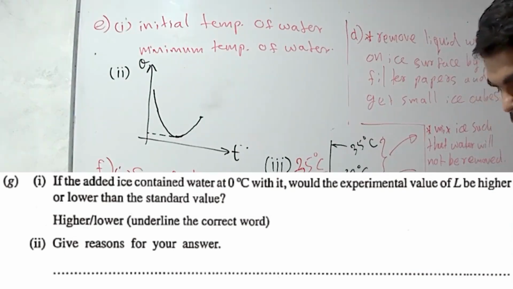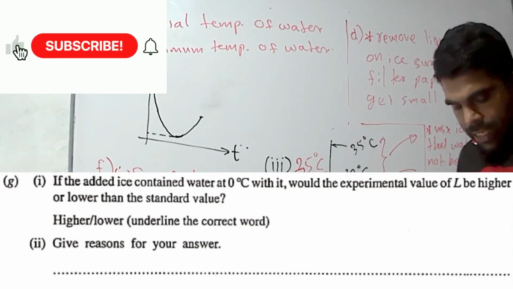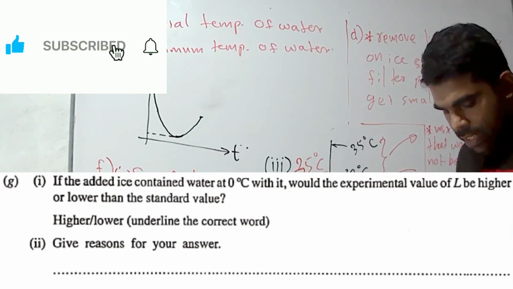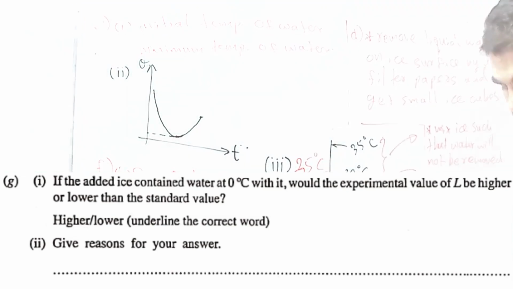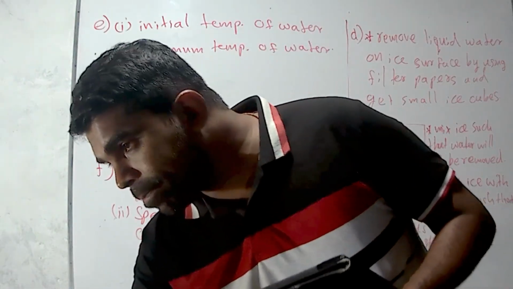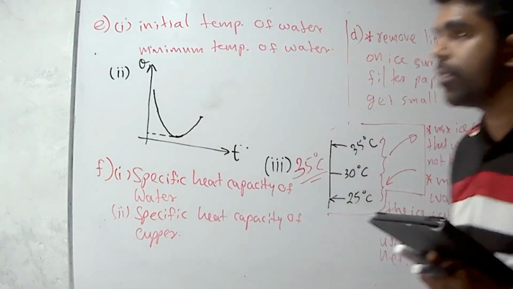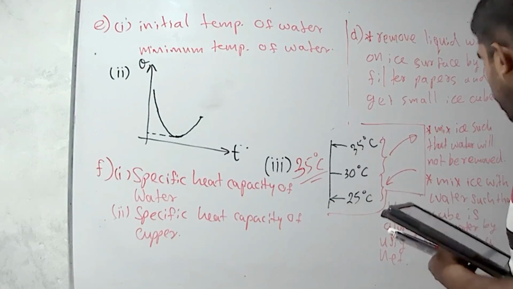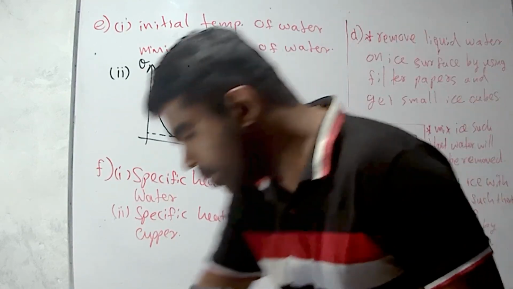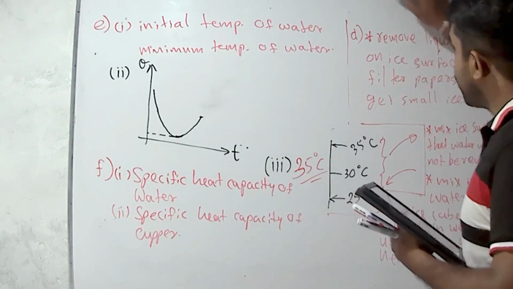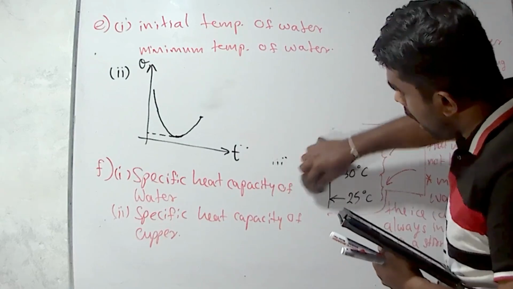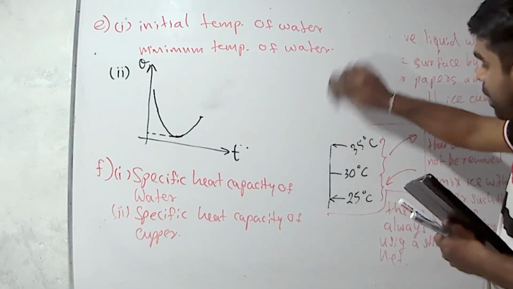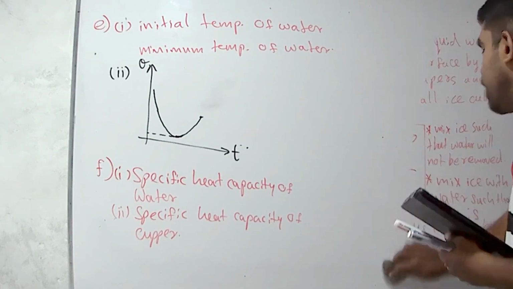Part G, if the added ice contained water at 0 degrees with it, would you expect the value to be higher or lower than the standard value? We know that when adding ice cubes, if there is a water mass with ice, the actual ice mass is less than our reading, because when mixing we have mixed ice with water.